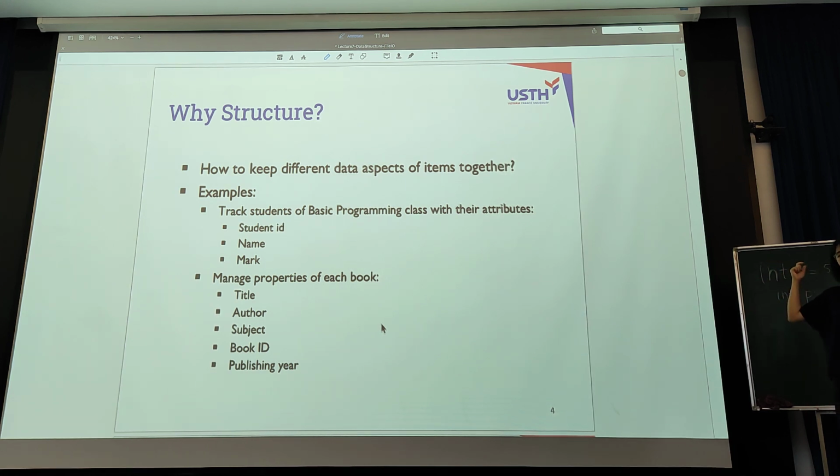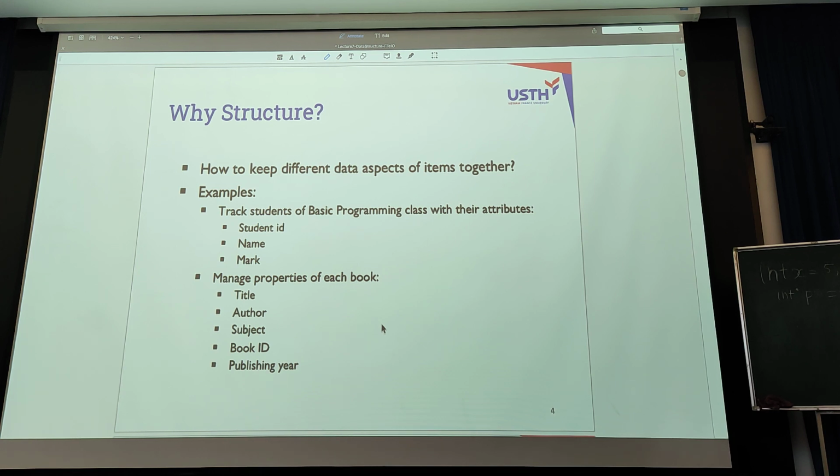Right? Now come back over here. Let's say we want to track and manage all the students who study the course, basic programming. Each one of you has a student ID, a name, and a mark for this course. Okay? So we want to manage 620 students by their student name and marks.